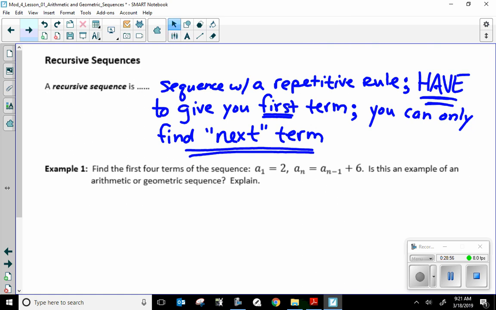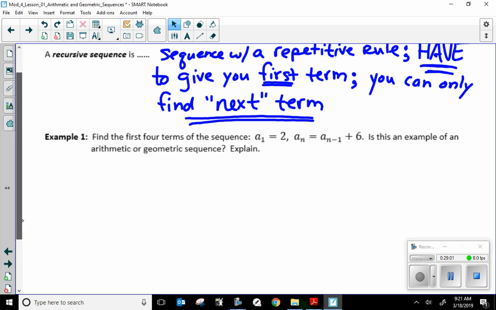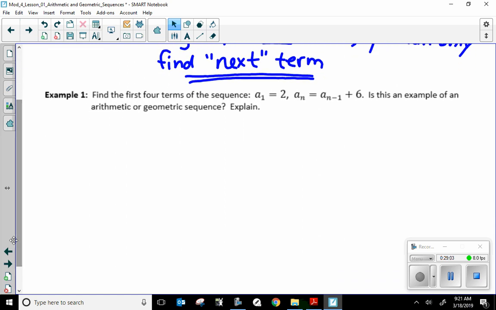So, find the first 4 terms of the sequence. A sub 1 is 2, and the recursive definition or equation is a sub n equals a sub n minus 1 plus 6. Is this an example of arithmetic or geometric?